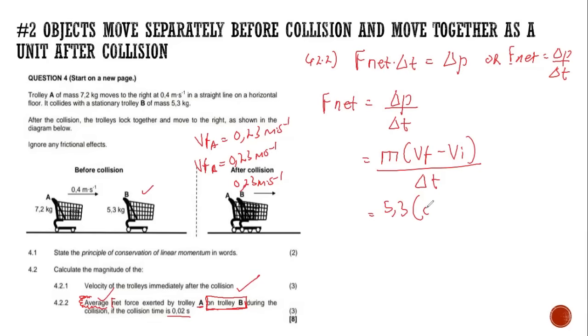Then this is 0.23 minus the initial velocity, which is 0, and then they said the time of contact was 0.02. So that's the collision time. Then all you have to do is punch all of that into your calculator.